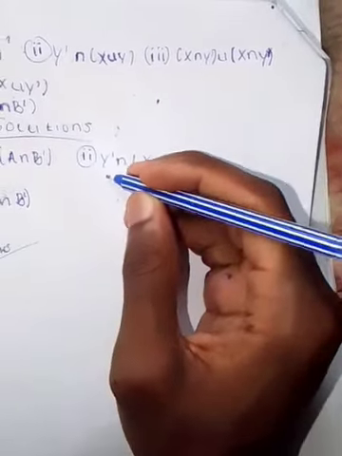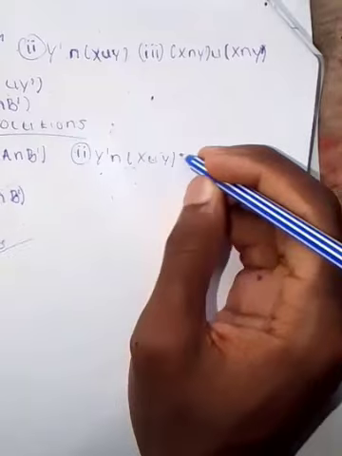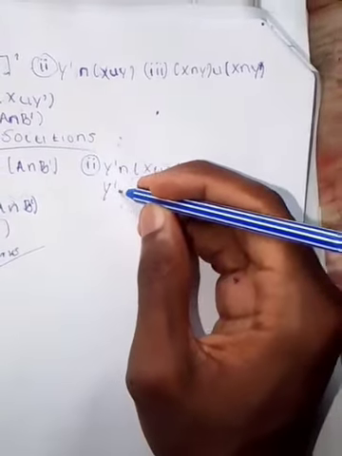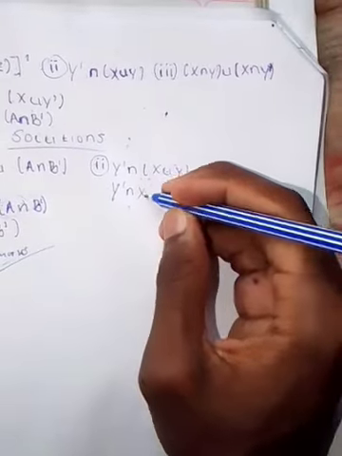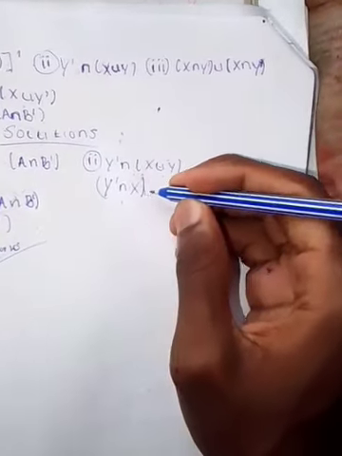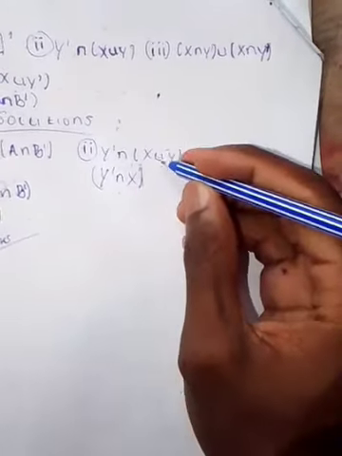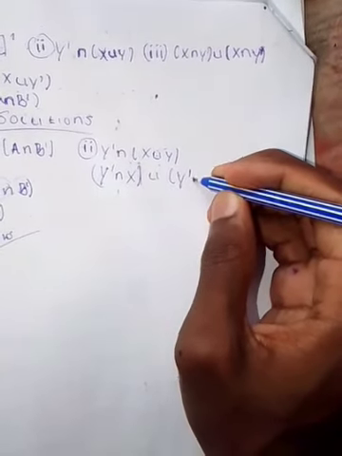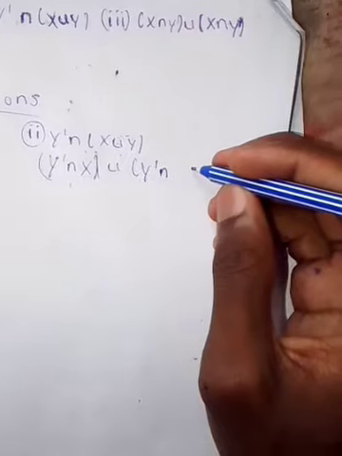So this multiplied with this and this multiplied with this, then separated by union. So we are going to have y complement intersection x in parentheses, and then separated by union. Then we have y complement intersection y.